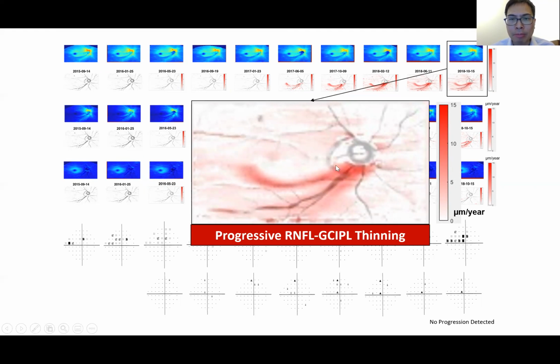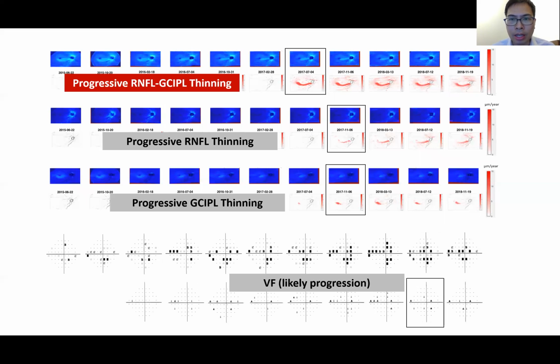This is the rate map. Again, increasing intensity of red indicates faster loss of the combined RNFL GCIPL layer. What you see here is the inferior arcuate bundle is the region where you see the fastest loss of the RNFL GCIPL. Again, here is another example, the same message.